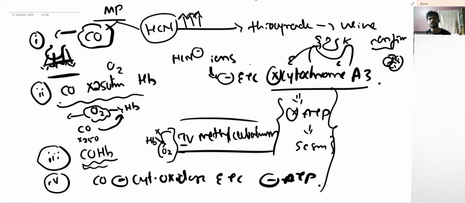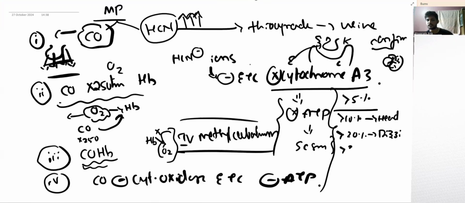The first organs affected would be the brain and then the heart, because these organs are very dependent upon oxygen. Anything more than 5% will have significant effects. If the percentage of carboxyhemoglobin is more than 10%, the patient will start to feel headache. If it is more than 20%, the patient will have dizziness.